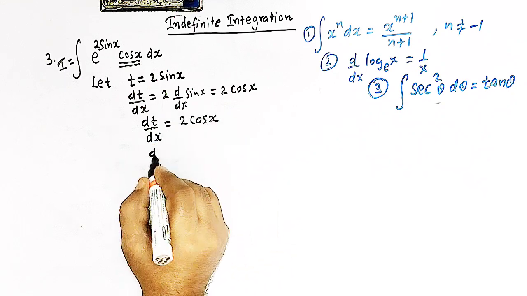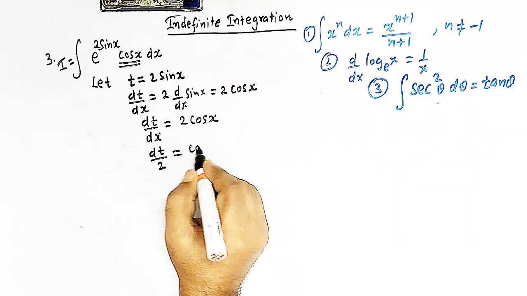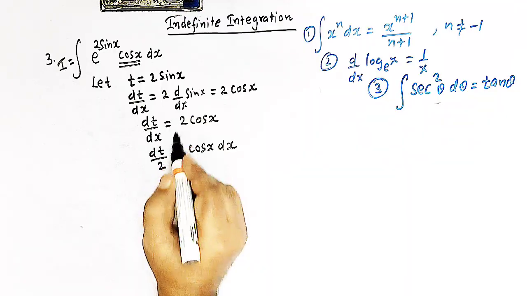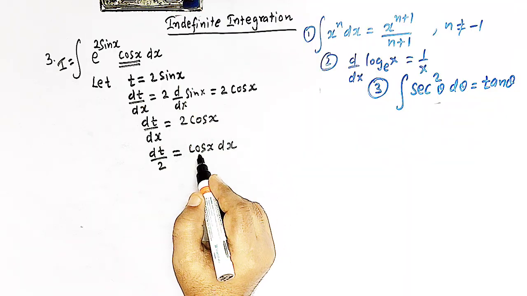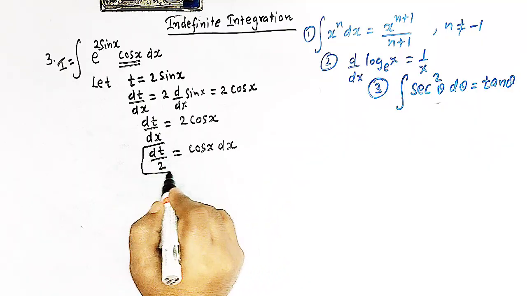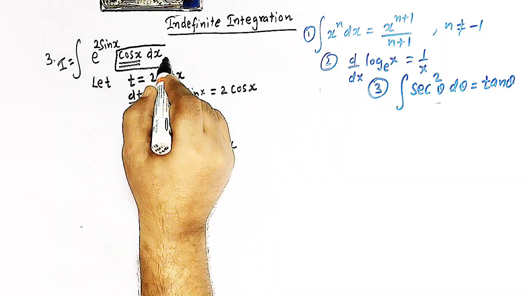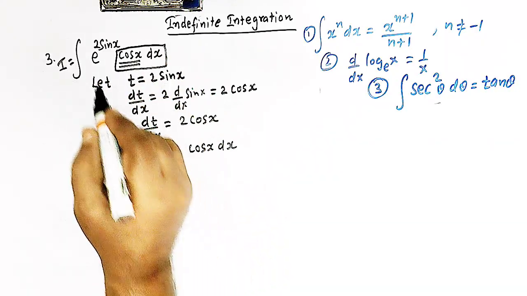So now we can write dt over 2 is equal to cosine x dx. So taking this 2 over here and taking dx over here, we have cos x dx is equal to dt over 2. So for cos x dx, we can replace dt over 2.